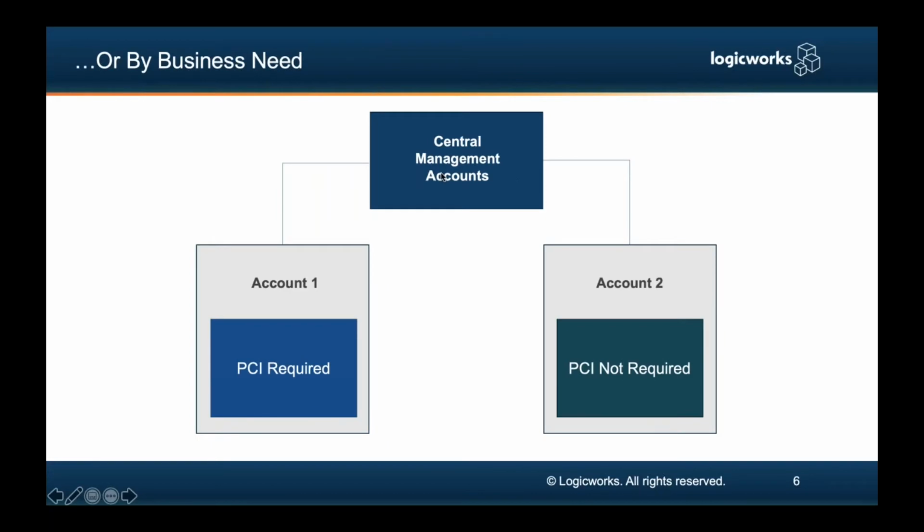You could also segment it by business need. As we mentioned before, I used HIPAA, but what about PCI? Anybody who has dealt with an audit before knows that they are a pain in the neck. And there are a lot of considerations that you need to make for all of the infrastructure that's in scope for that audit.